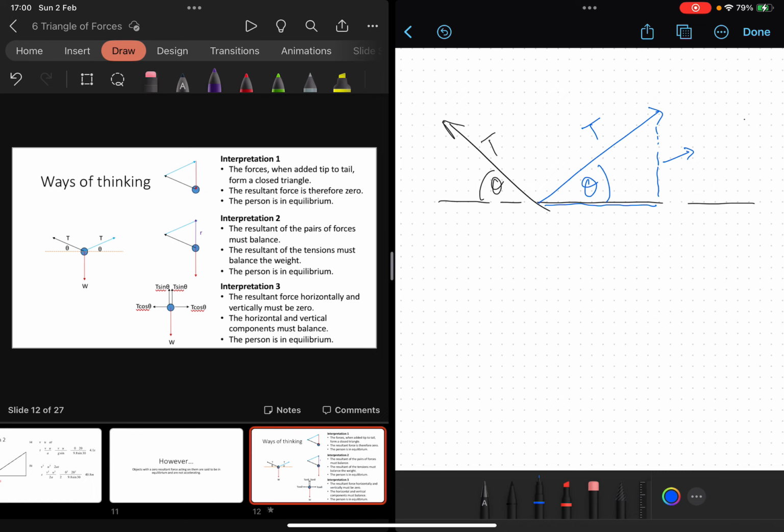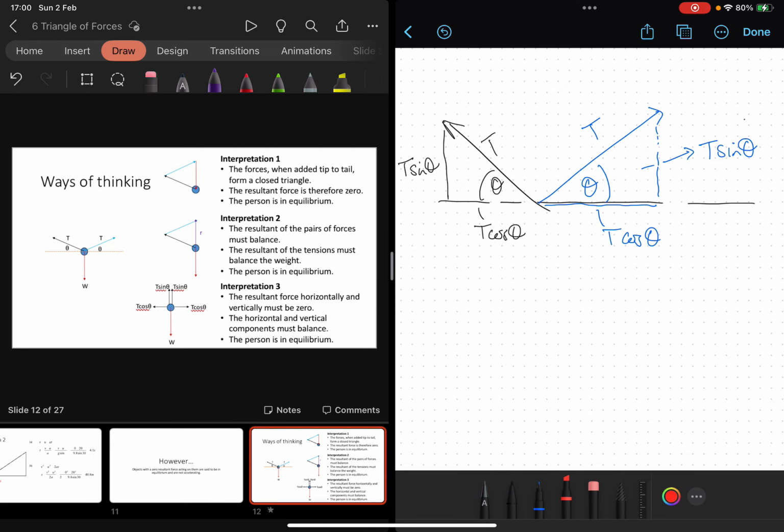So we've got T sine theta here because it's opposite to the angle, and we've got T cos theta there because it is adjacent to the angle. And similarly, I can split that tension also into my horizontal and vertical components.